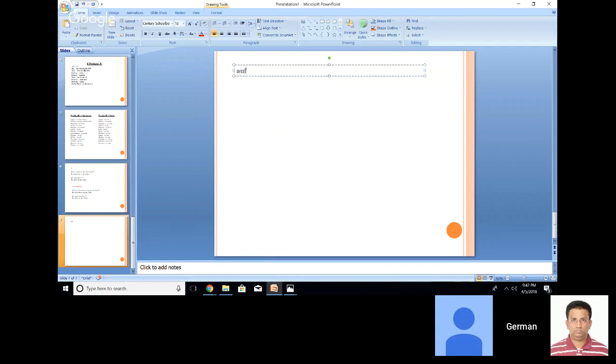Next, auf is to place something horizontally. Okay, horizontally on. For example: Wohin lege ich das Buch?